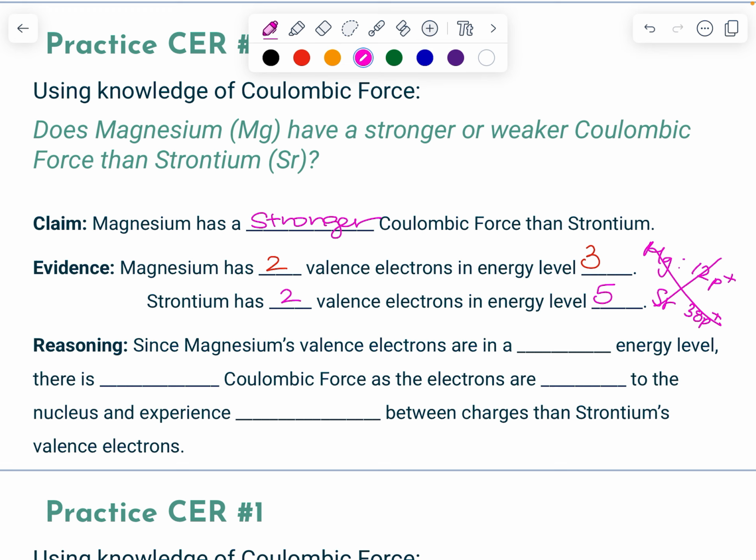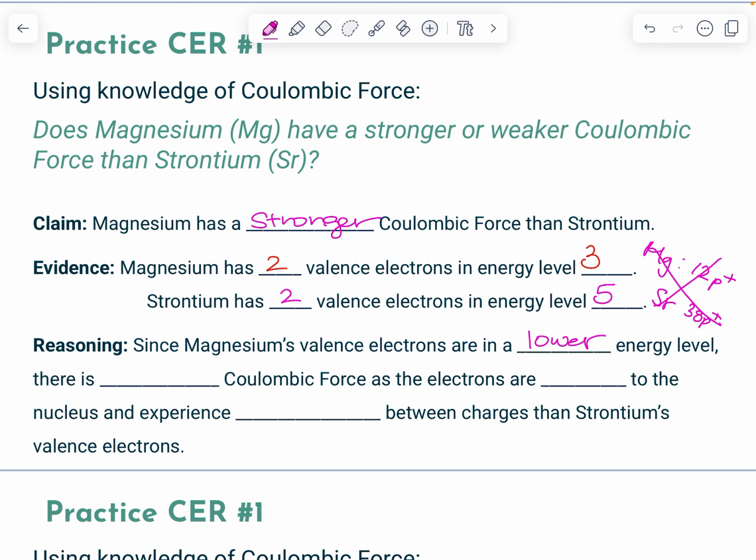So as we are explaining this, we want to use what we know about Coulombic force, that it's an attraction, and that if those valence electrons are closer, it's going to increase my Coulombic force. So let's look at our reasoning. Since magnesium's valence electrons are in a, and I like using comparing words here, lower energy level, I don't need to restate my evidence because it's already up here so that my reader can look at it.